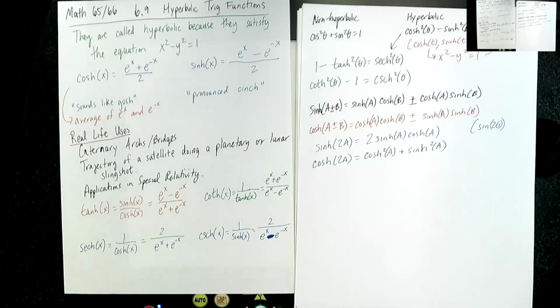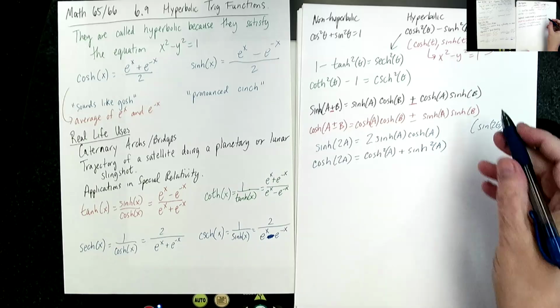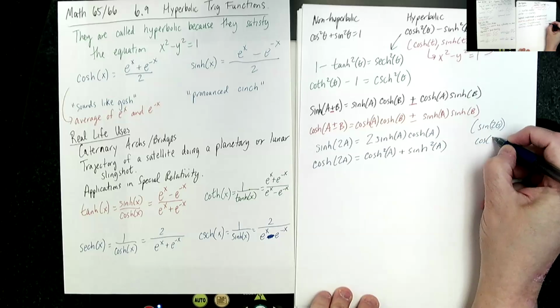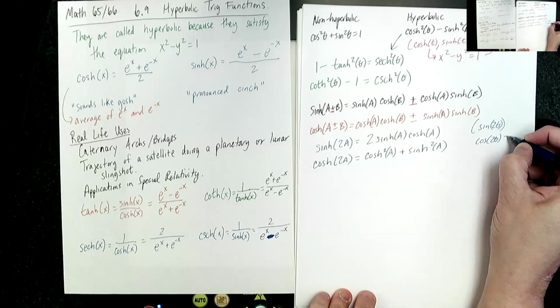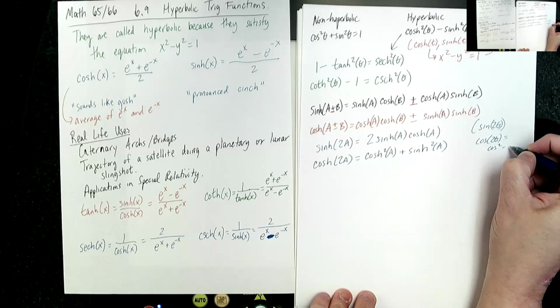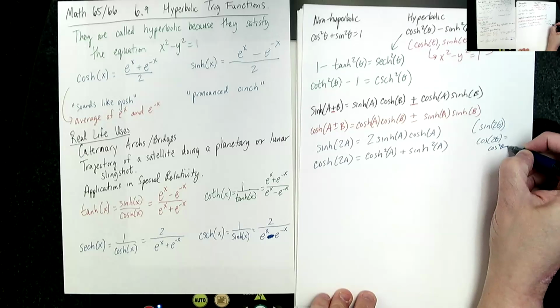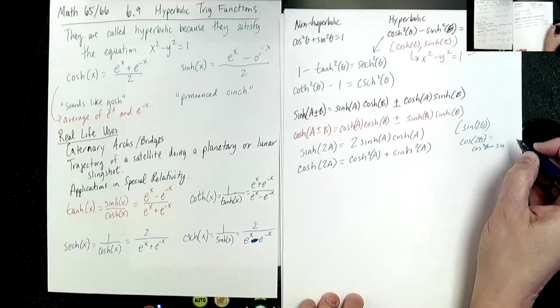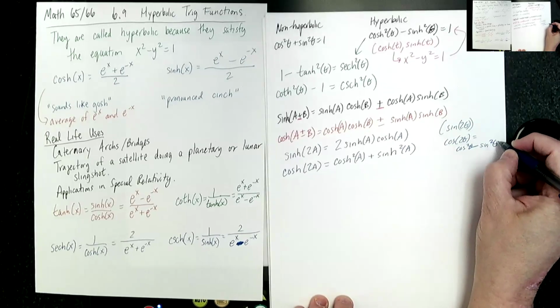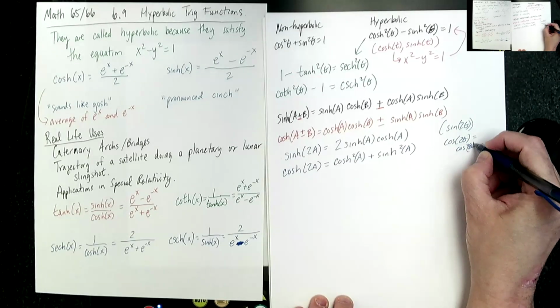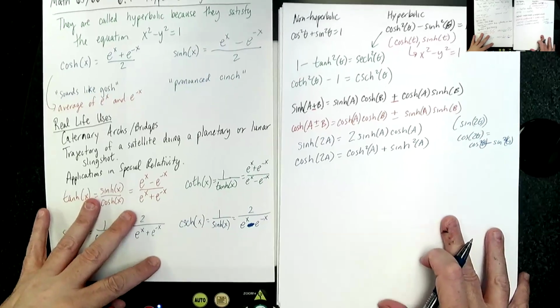That's how it's different. Because A plus A gives us the plus one. When you do cosine of 2 theta, this one has cosine squared minus sine squared. And cosh has plus. So slightly different.